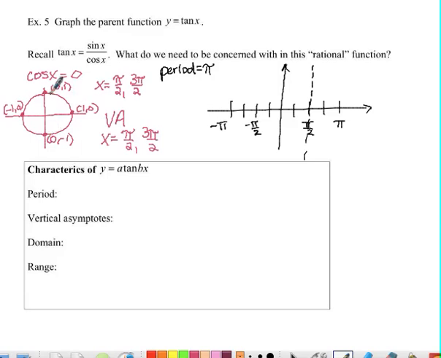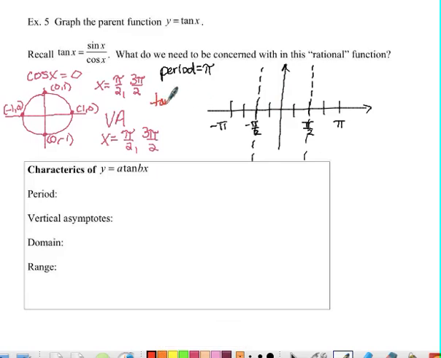If you go around 270 degrees, or 3 pi over 2, if I rotate negative 90 degrees or negative pi over 2, that's the same thing. So I actually have a second vertical asymptote at negative pi over 2.